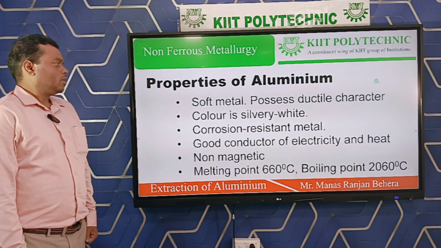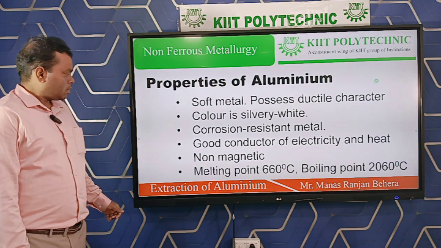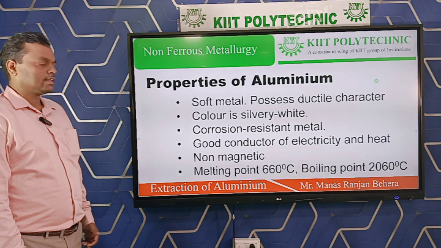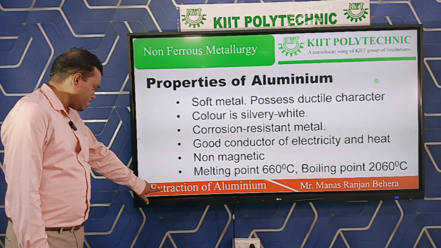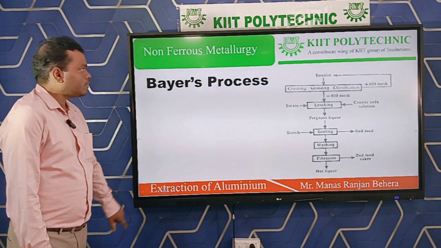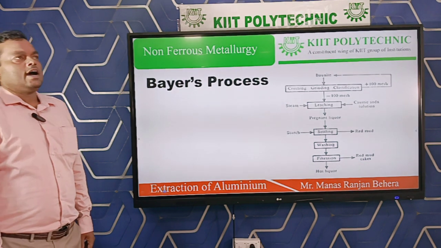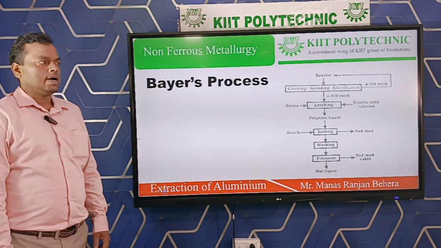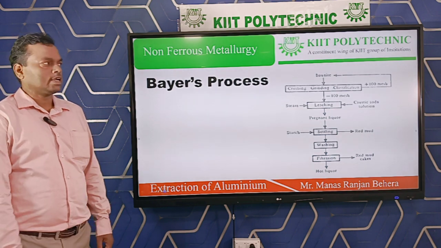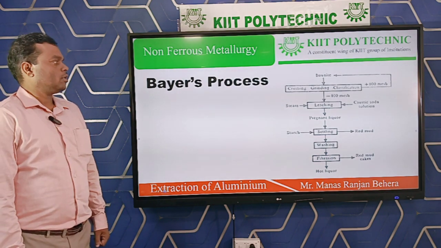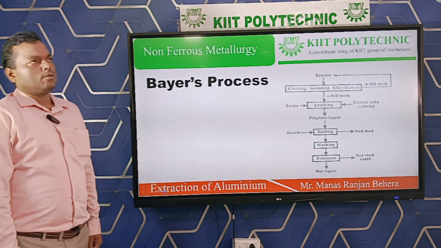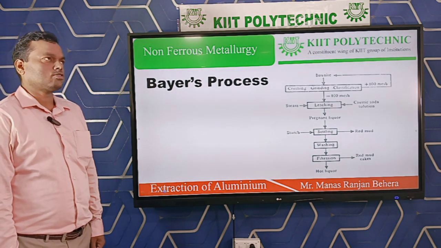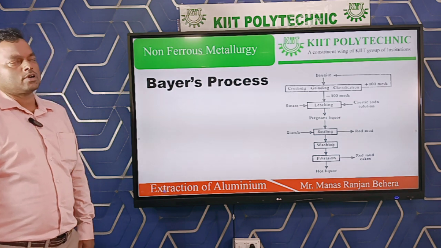Now we'll go to the next point, that is how this aluminium is extracted or produced. For that we have to know three steps. By using these three steps we can produce or extract aluminium. Number one step is concentration of bauxite ore, which is also known as purification of bauxite ore.